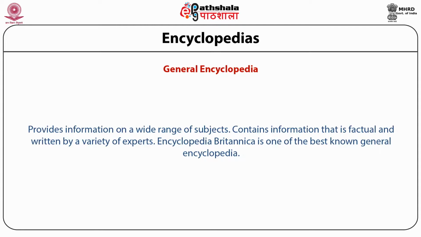Encyclopedia Britannica is one of the best known general encyclopedias, as it contains information on a variety of subjects. It is not confined to a particular domain of knowledge and provides a variety of sources of information on different aspects of life.